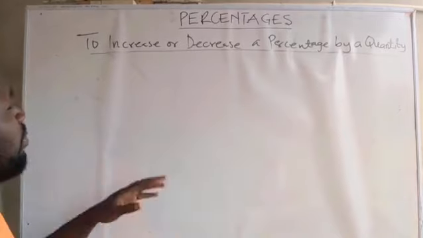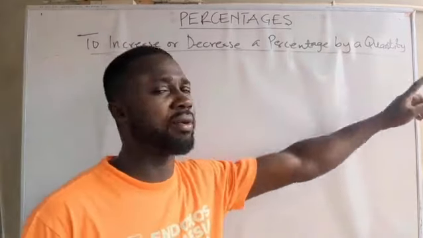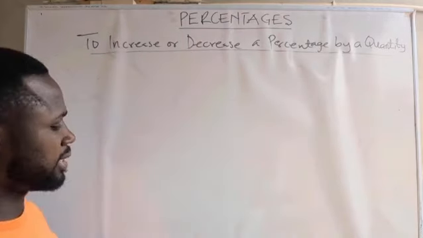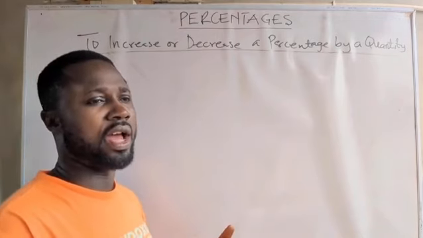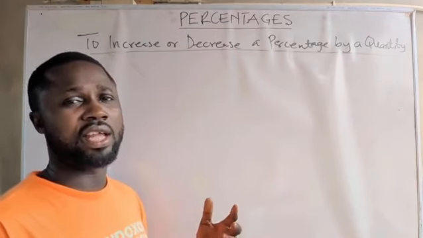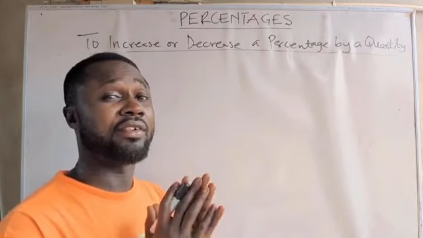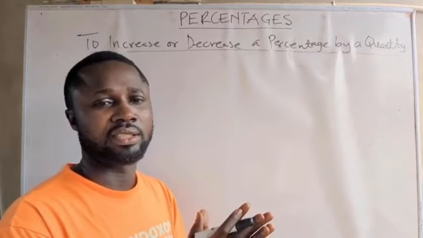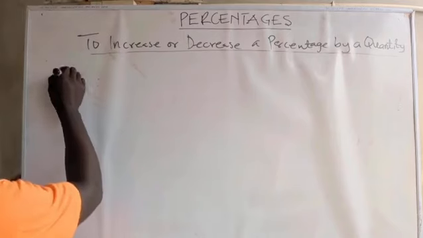To increase or decrease a quantity by a percentage, there are some things we have to take note of. The original quantity of any item is taken as 100%. So that is how percentage is done.